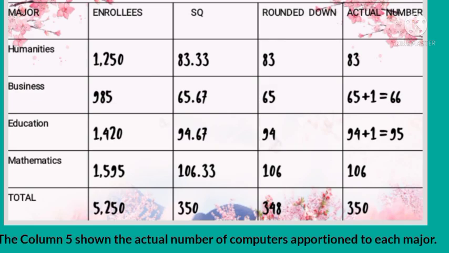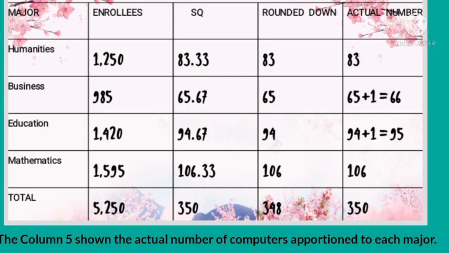So, eto yon. Makikita natin siya sa column 5. So, mag-a-add tayo ng plus 1 kung yung fractional parts ay mas mataas. So, yung standard quota is 83.33, rounded down 83, actual number 83. Business 65.67, rounded down 65, plus 1 equals 66.